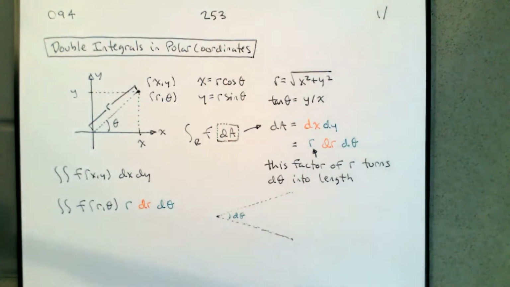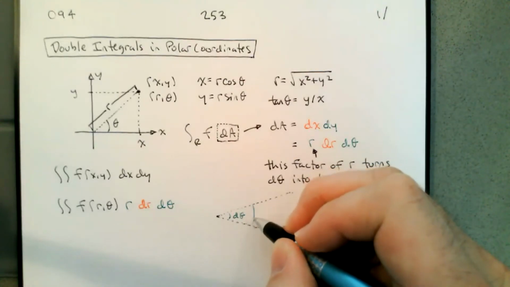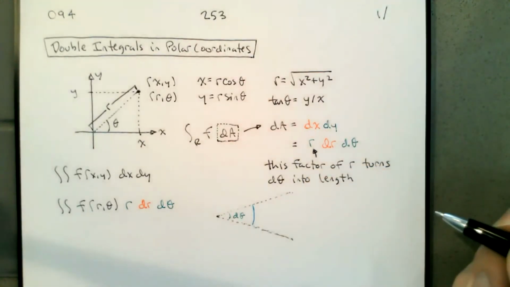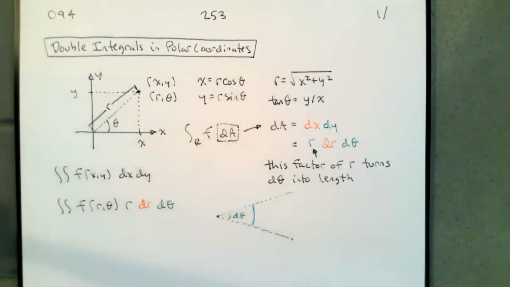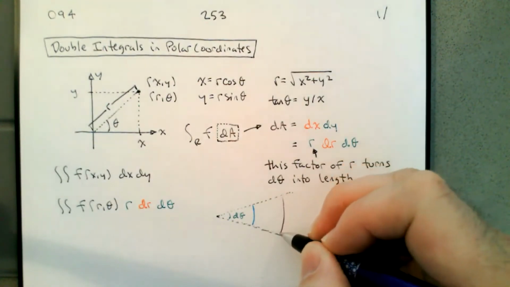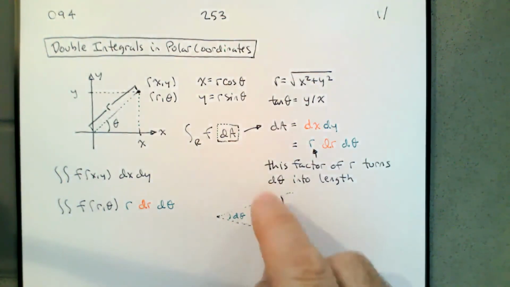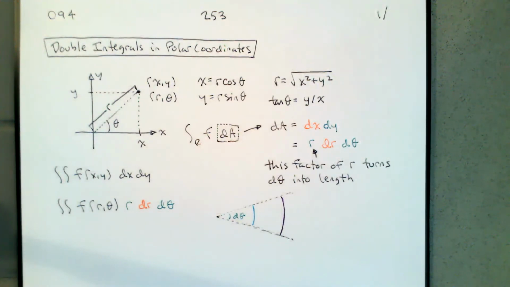If we're really close to the origin, then d theta is shorter than if we're really far from the origin. So as r increases, d theta represents a larger change in length. So that's where the r comes from.